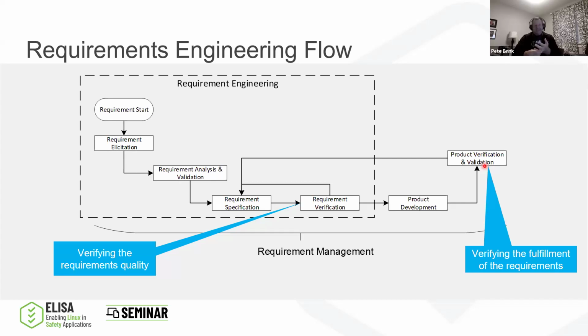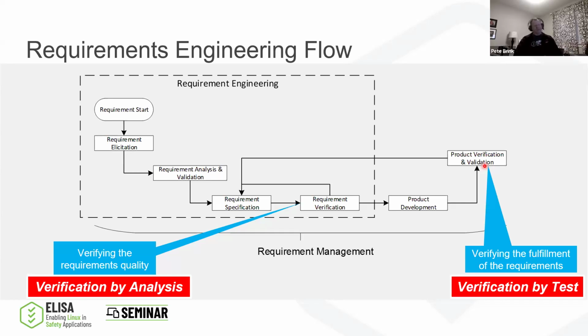The customer acceptance tests are really where we're looking at requirements. Throughout all of that testing we look at requirements, but customer acceptance is really where we are focusing on those and making sure that the original set of requirements were fulfilled correctly. This is called verification by analysis because we're not actually executing any tests. And of course, verification by test because that's where we are executing the tests.